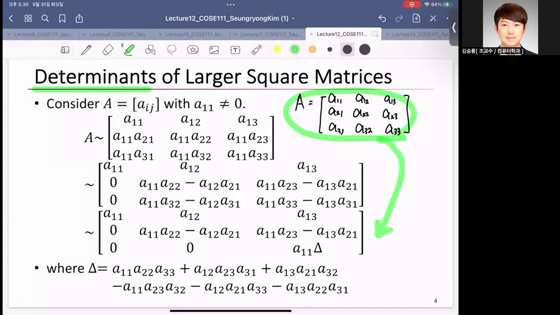Then this triangle, we will define this triangle as a determinant.